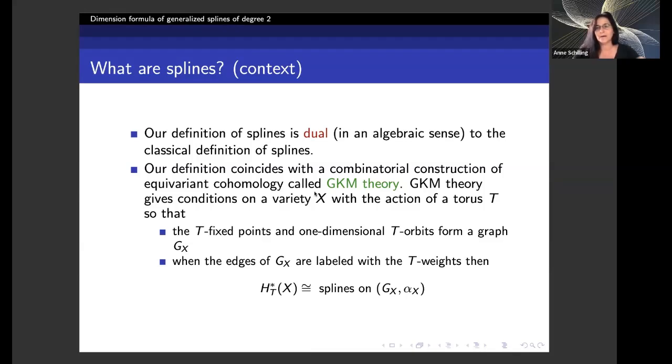The cohomology of this corresponds to the splines in the way that I defined before. So this gives you a graph with edge labels satisfying the condition that the difference between two adjacent vertices is a multiple of the edge label.